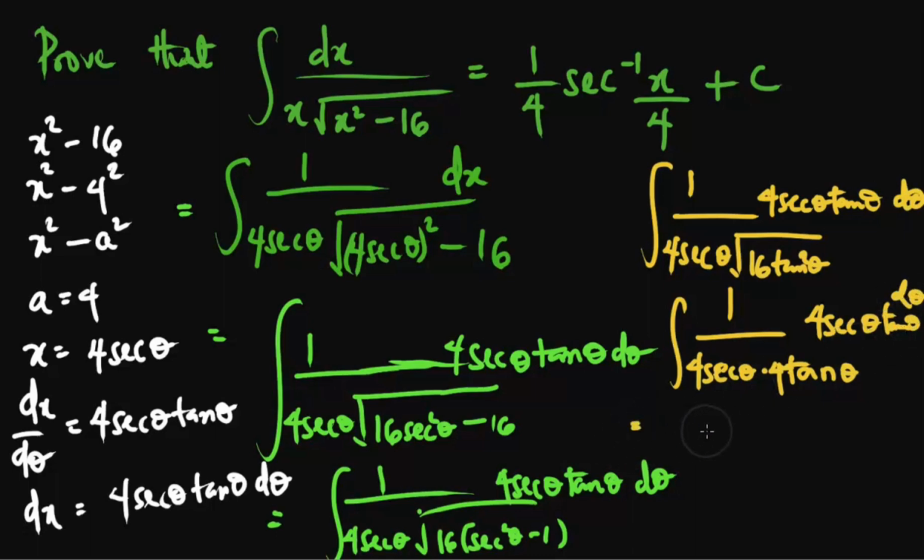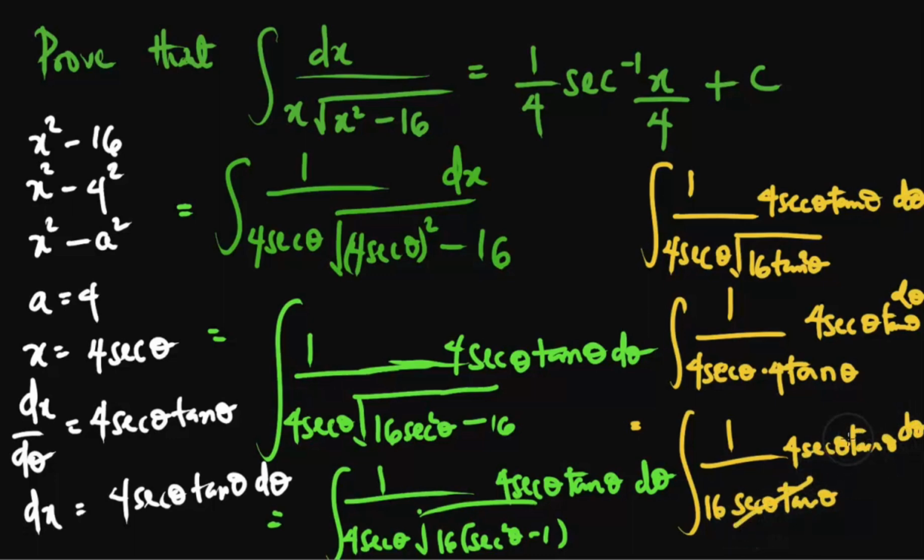And so it becomes the integral of 1 over 16 sec theta tan theta, then 4 sec theta tan theta d theta.